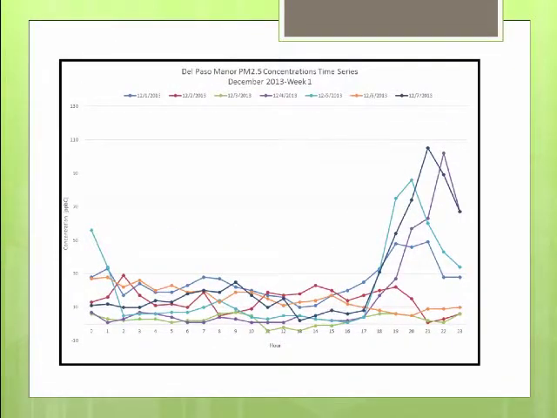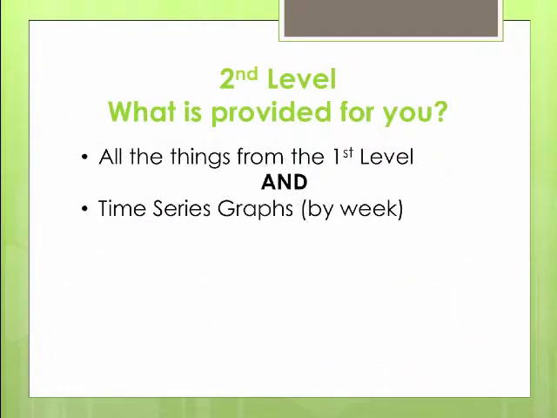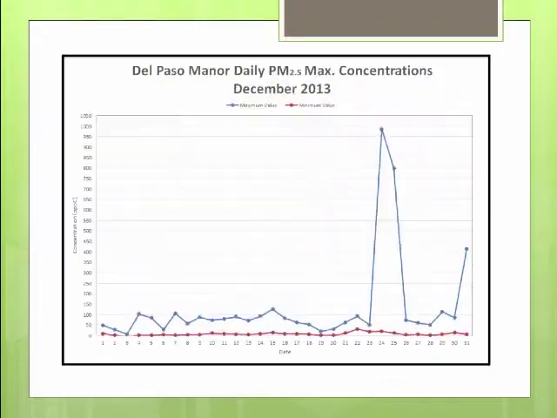So here's an example of a time series graph from week 1, where you've got every day plotted out for every hour, and every day is a different color, so you can see spikes at the end of the day. We'll be looking at daily maximum and minimum concentrations for every day of the month of December. So some spikes might stand out to you.